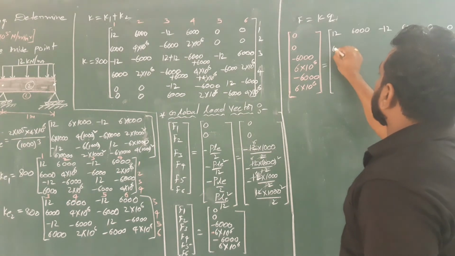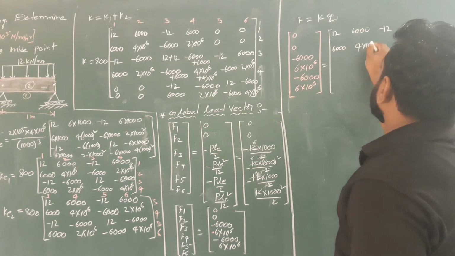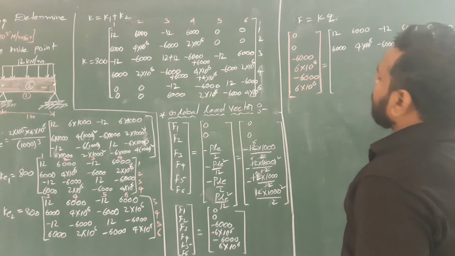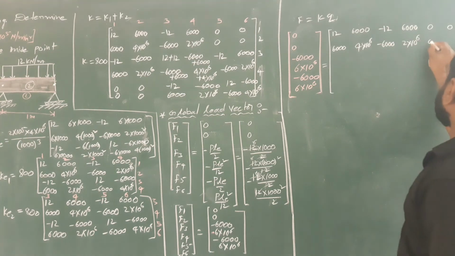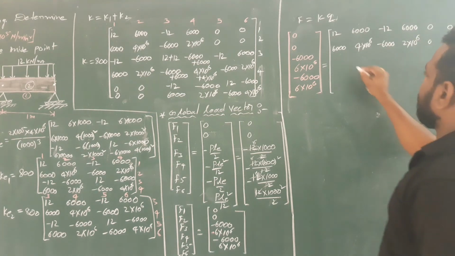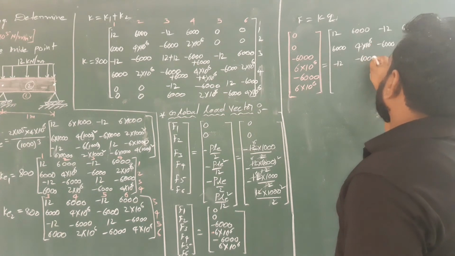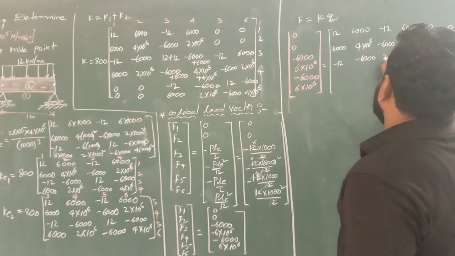Next 6000, next 4 into 10 to the power of 6, minus 6000, here 2 into 10 to the power of 6, here 0, this is also 0, minus 12, minus 6000, this is 12 plus 12, that is 24.